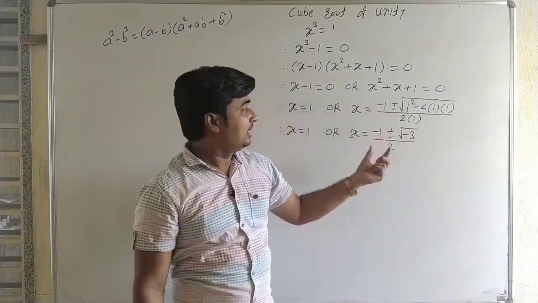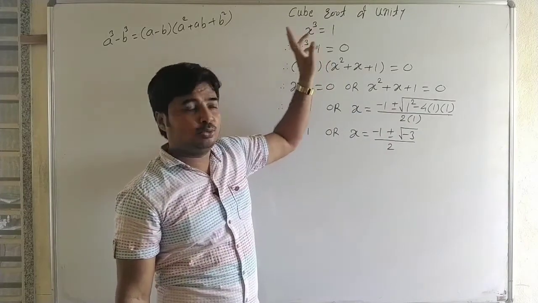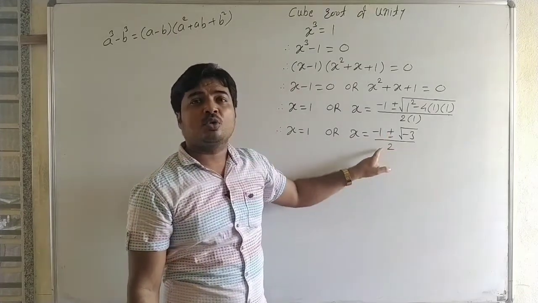Therefore for the cube root of unity, one root is real and the other two roots are complex numbers.